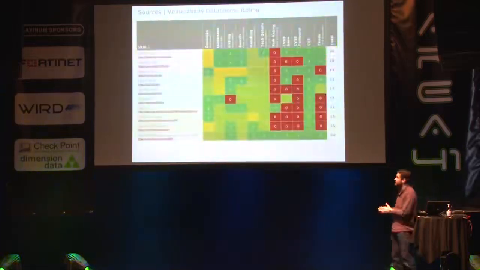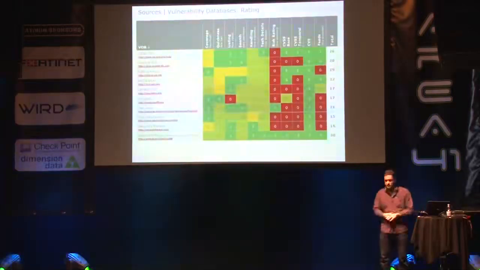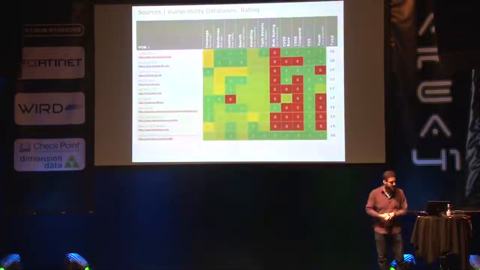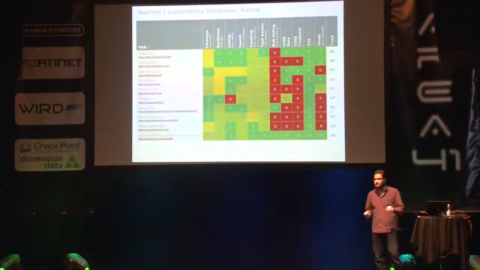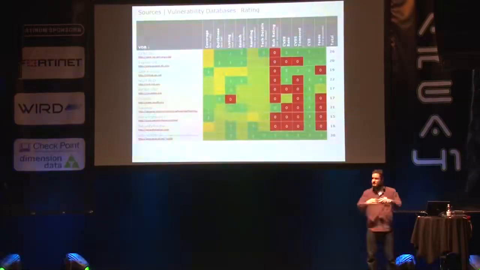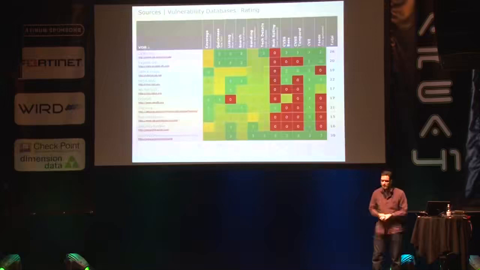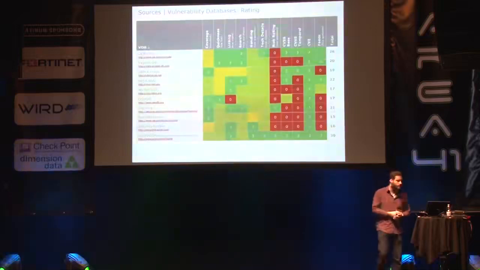I'd like to point out that at the bottom is our own vulnerability database, and of course we got the best scoring. That's not a surprise, not because we are much better, but because the attributes that are important for this slide are also important for me, and that's the reason why we have implemented all these features. Of course, if somebody else is going to do an evaluation of the different sources, we might not come out on top.